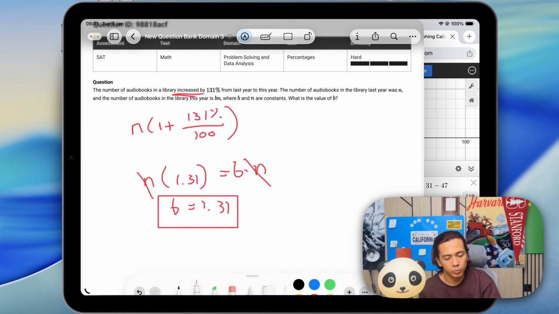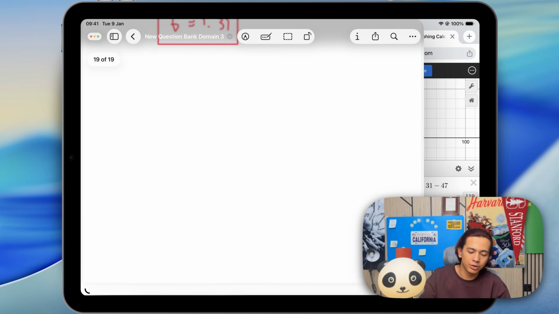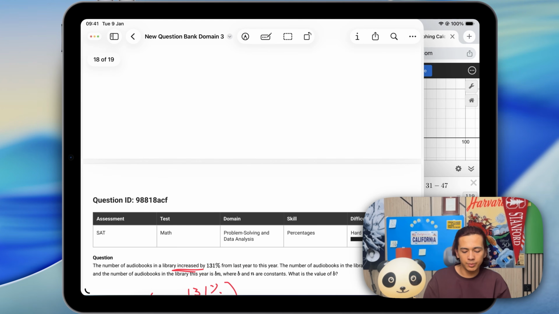So, we have walked through the statistics, problem solving and data analysis section now, right? The questions were not that challenging, if I'm being honest, except for one or two maybe. Statistics is usually easy, right? You might have really difficult questions. I'm not saying statistics is always easy, but in question banks and new questions, they were.